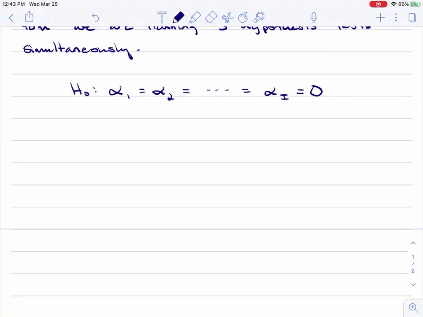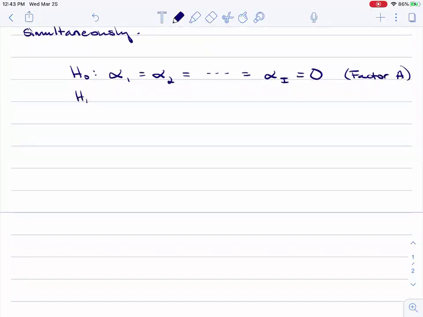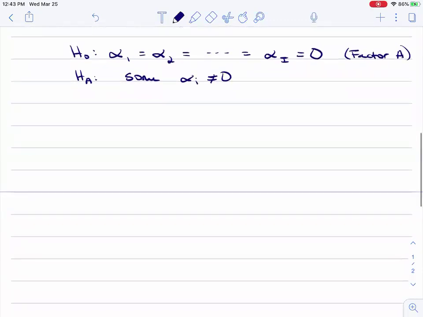Just put in brackets here that this is for factor A. And then of course the alternative hypothesis, this is where we started. This hypothesis we've been testing all along, but we want to know if some level of this is not equal to 0. So that's the first test that we're checking.